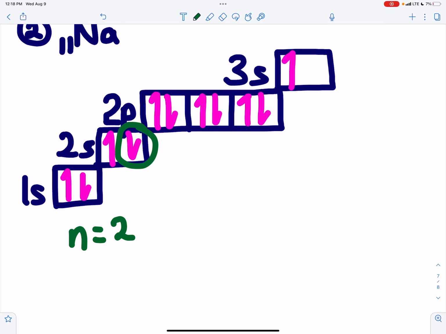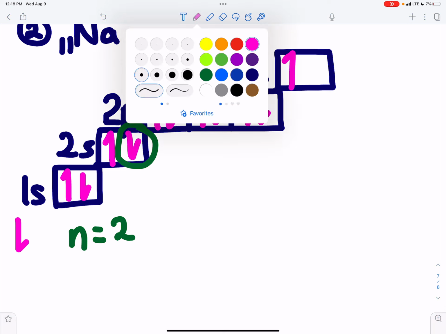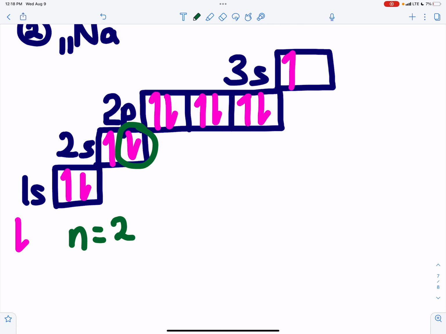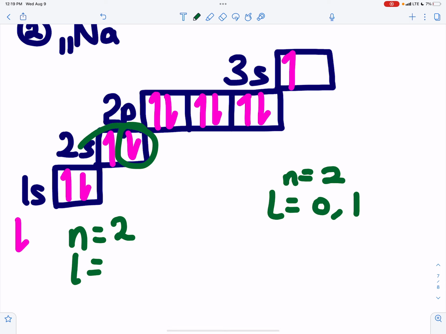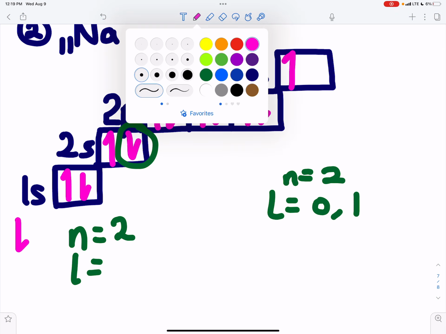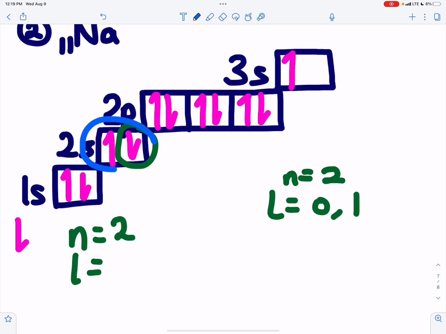So the principal quantum number of the electron is what? Let me draw the electron here. Its principal quantum number is 2. Let's go ahead and write its subsidiary quantum number. You have to check. If the principal quantum number is 2, when n is 2, the possible values of L are 0 and 1. So 0 will be for the s subshell, while 1 will be for the p subshell.